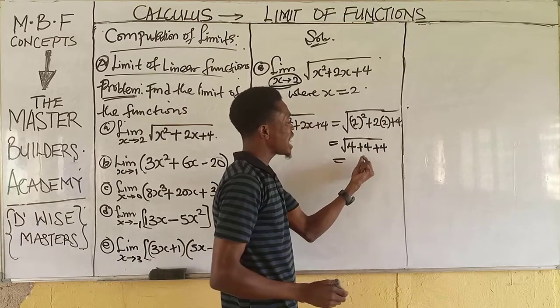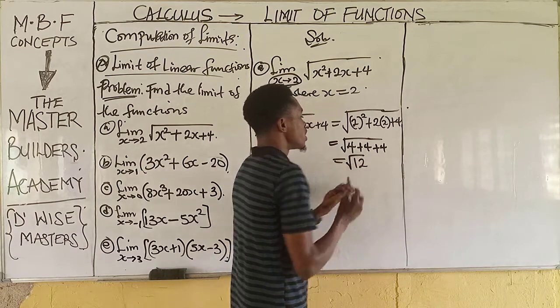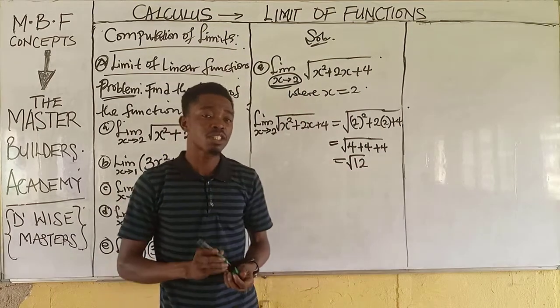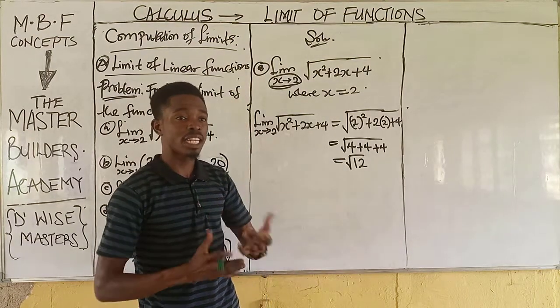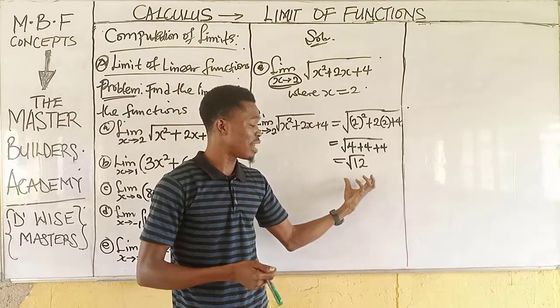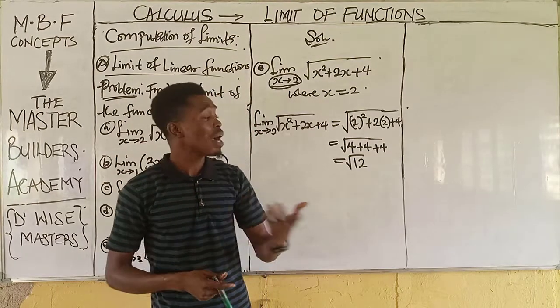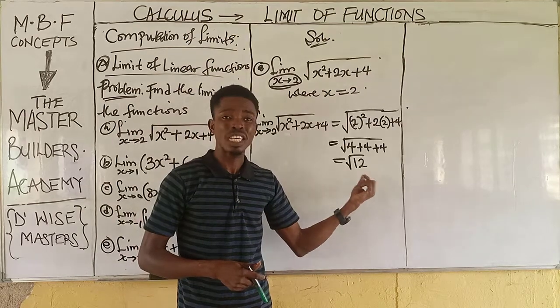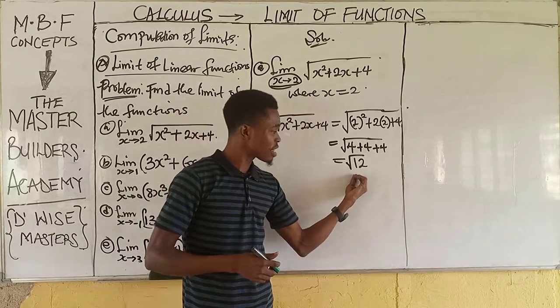Now guys, when we add these three fours together, we will have 12. This will be your answer if it is not in decimal places. But if it is, then you need to punch your calculator, impute this value, and have one of the options accurately. Otherwise, this can be reduced further to its simplest surd form. How do we reduce this to its simplest form?